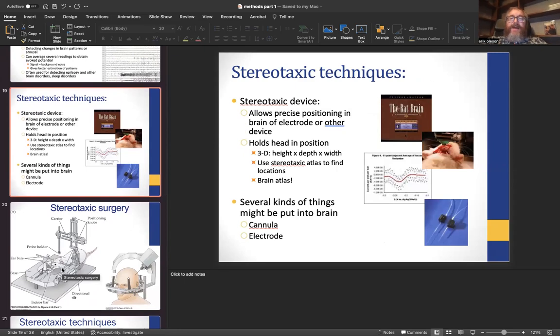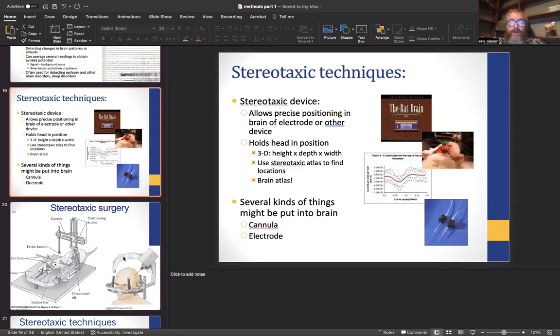And now I'm going to talk a little bit about stereotactic techniques. Stereotactic techniques allow precise positioning in the brain of electrodes or other devices. Very similar apparatuses are used in people and in animals. This allows us to put an implant or perform a measurement in a specific brain region.